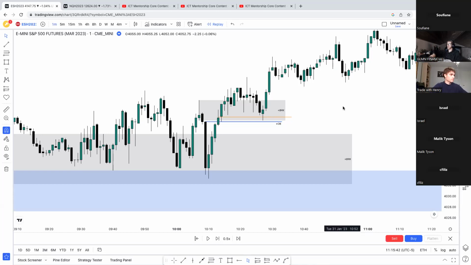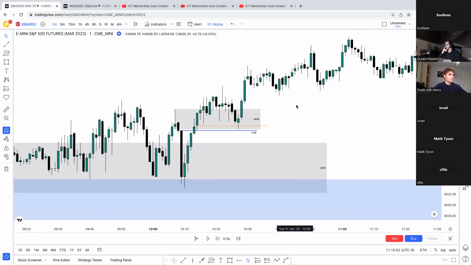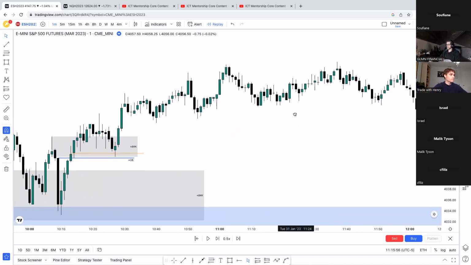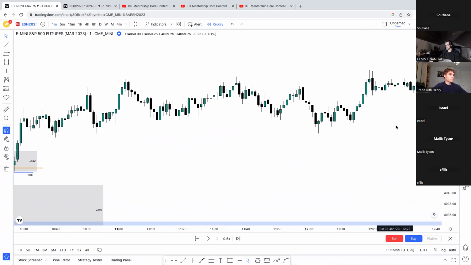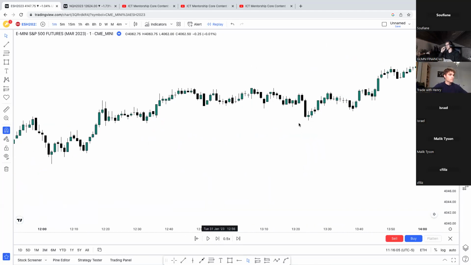Then for some reason it gets back above it and respects it cleanly. There'll be certain scenarios where that happens. There are times where I have a close above a breaker, and then it goes back in. It's also about how bullish or bearish we are, where the liquidity is, and what time of day it is.